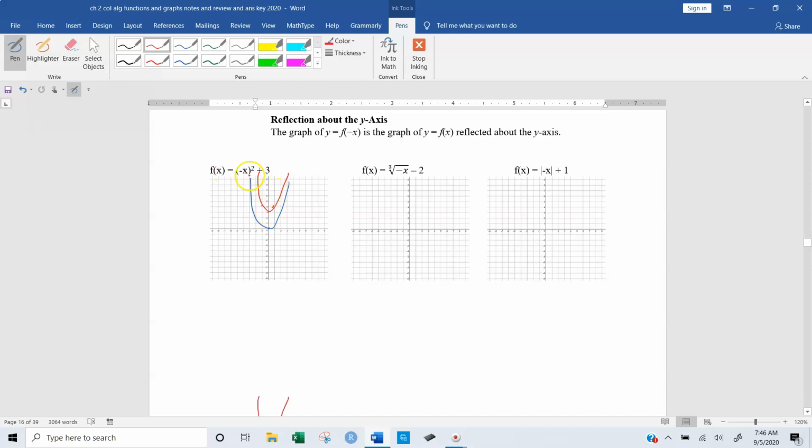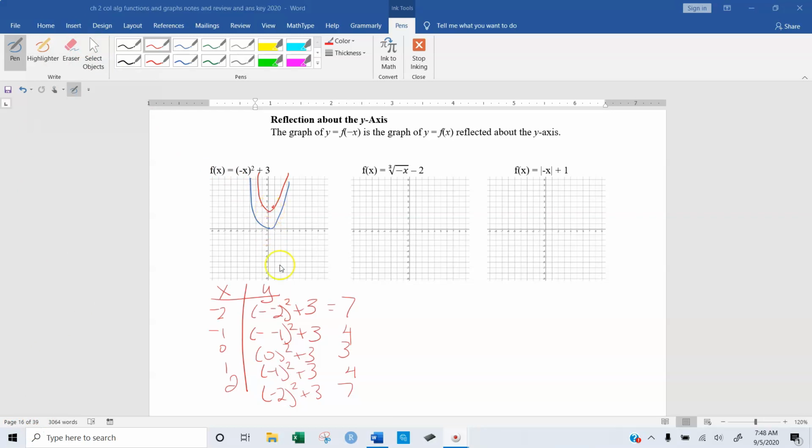Okay, now the negative x means I'm going to reflect it over the y. So now when I plug in my negative x value, I'm actually going to go down. Let's show you. Okay, if I plug in the -2 for my x, I get 7, right?